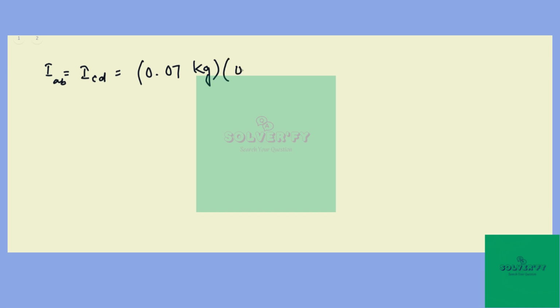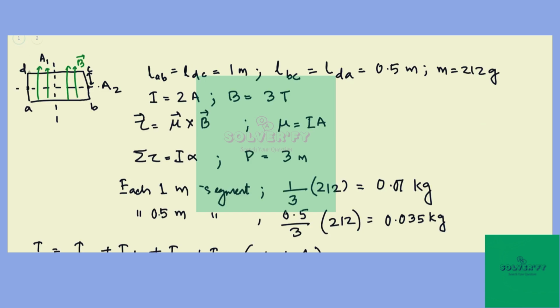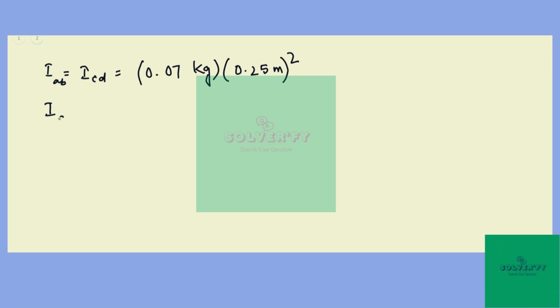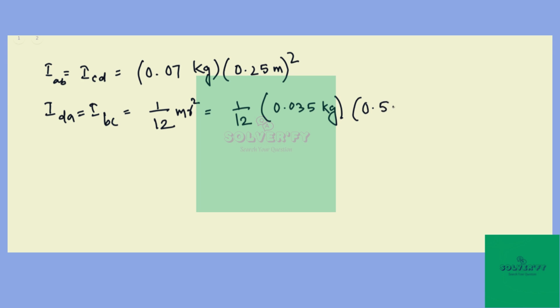So we plug those values in here. The moment of inertia is mr squared, and that's what we are doing here. The moment of inertia of BA and CB, both equal, is 1 over 12 mr squared, so 1 over 12 times 0.35 kg times 0.5 meter squared.